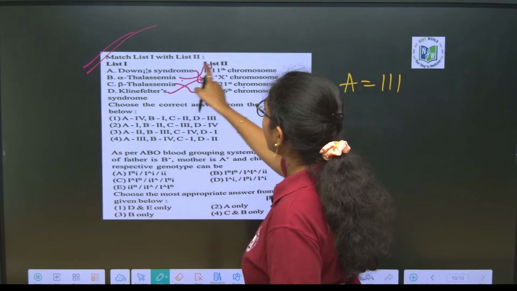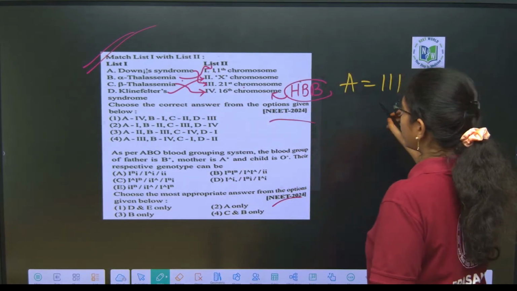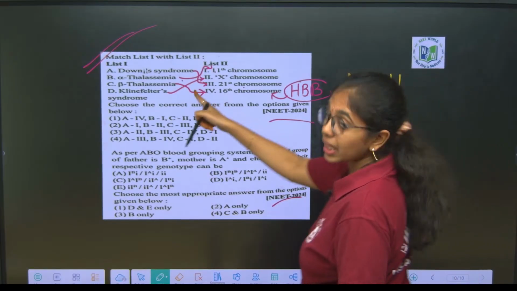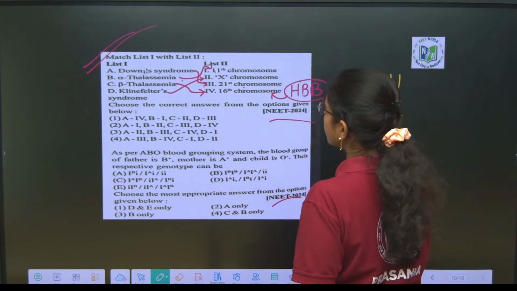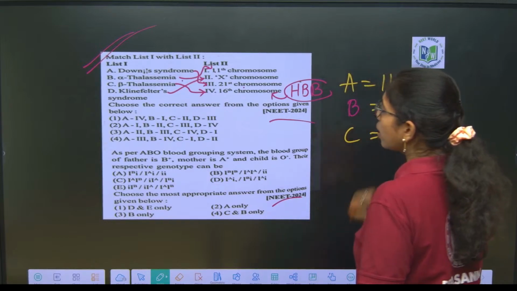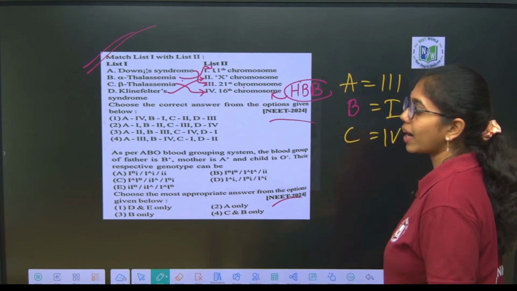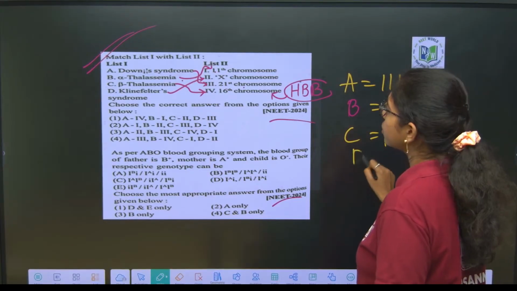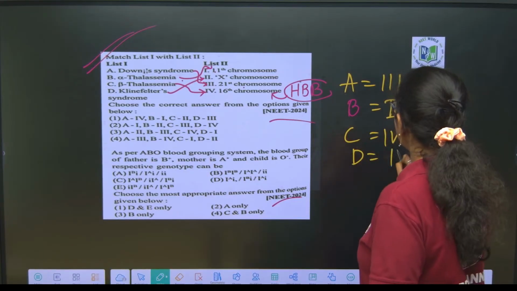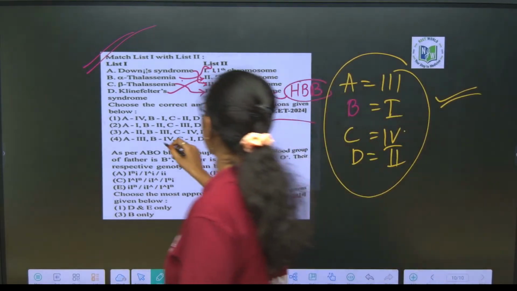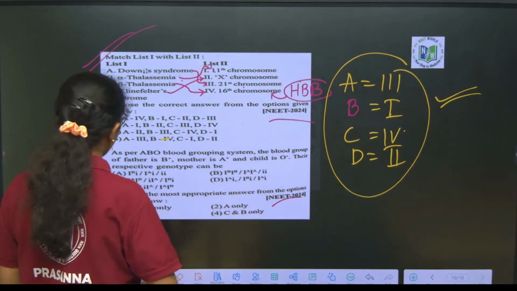Alpha thalassemia, mutation in chromosome 11, B is 1, and beta thalassemia in 16, C is 4, and Klinefelter syndrome, due to extra X chromosome, D is 2. Okay, so this will be the right answer. The combination is not properly given over here.